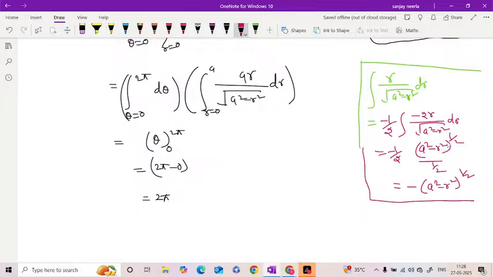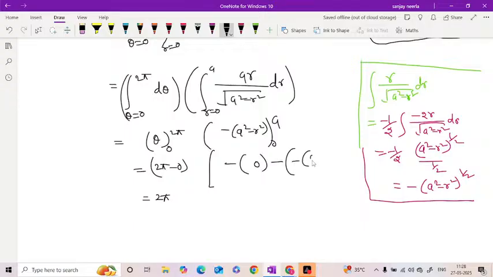This is the integration of this part. Now the integration of the whole part is minus under root of a square minus r square, limits 0 to a. Substitute the upper limit a, so total 0, and the lower limit 0. So minus of minus, it is a square.